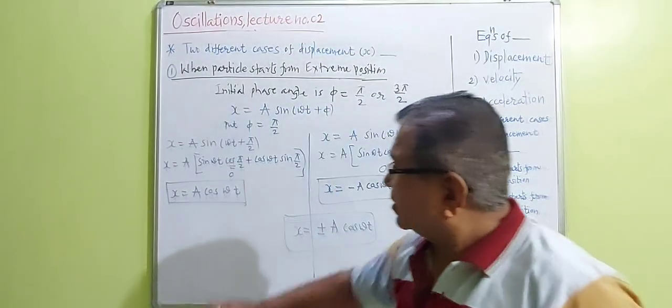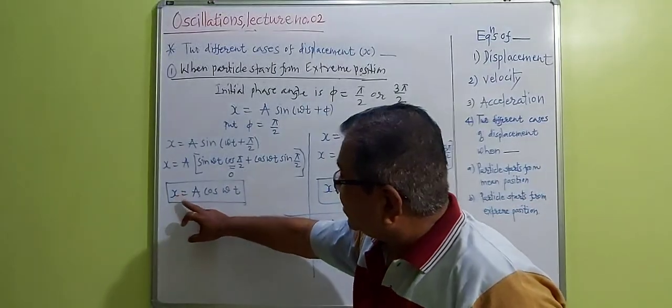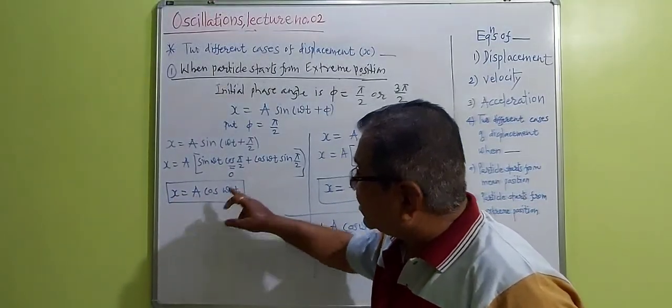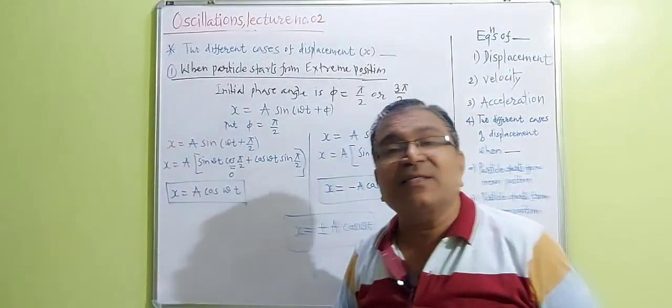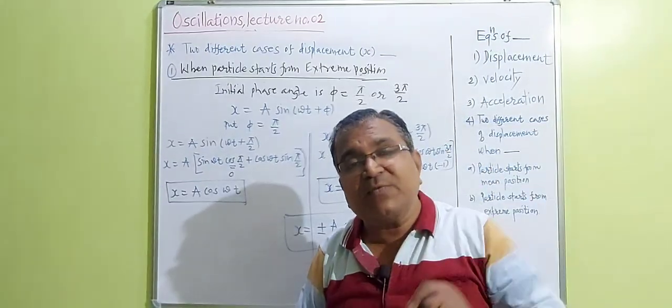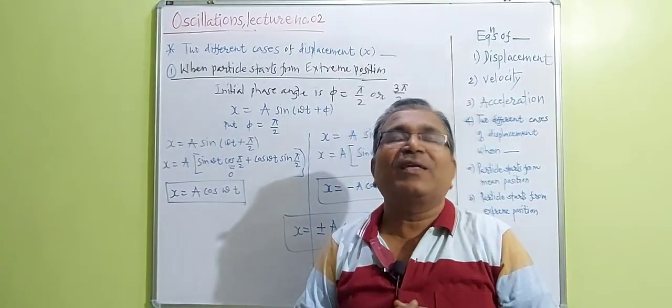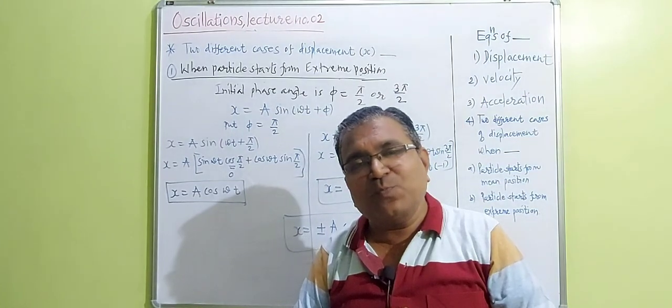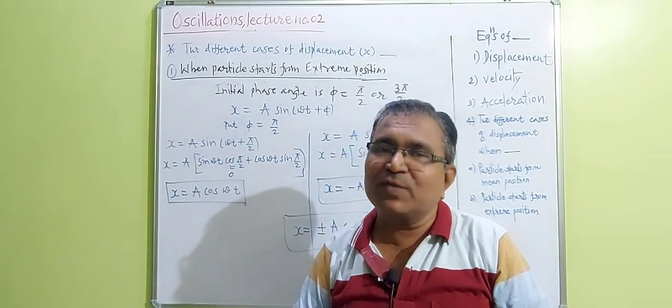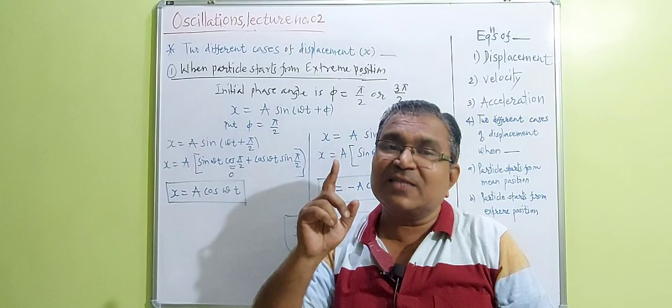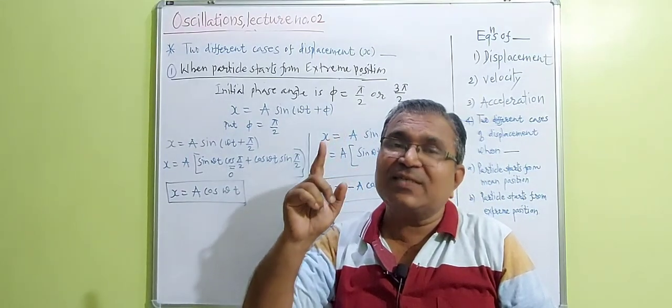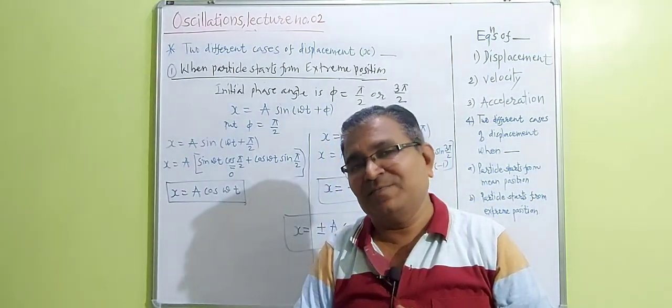When x is equal to capital A cos omega t, the particle starts from positive extreme towards mean.